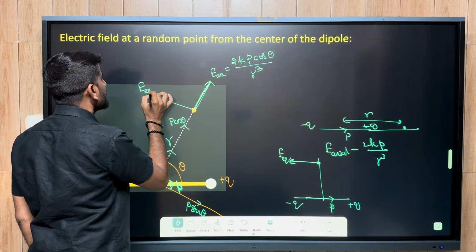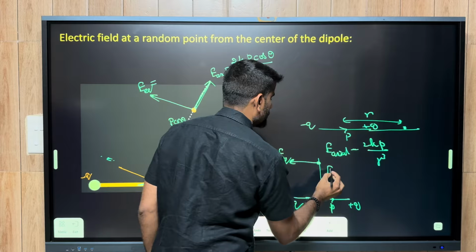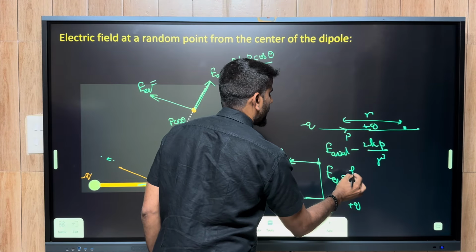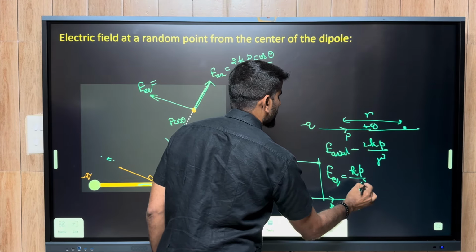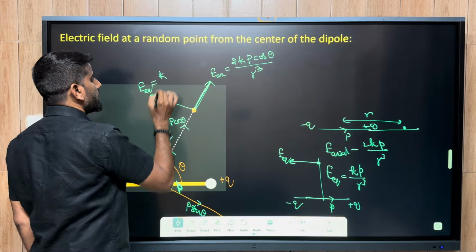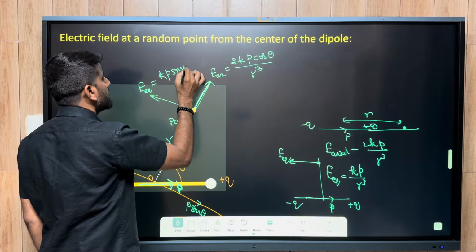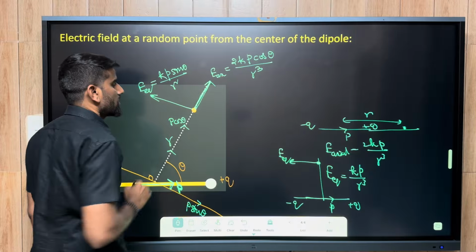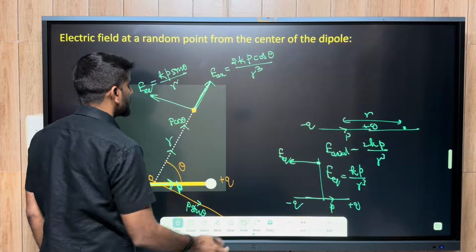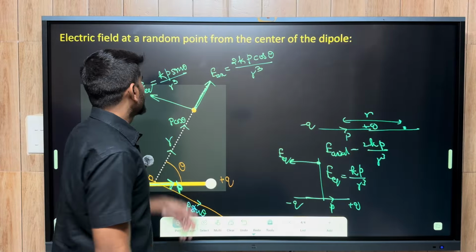Now, E equatorial is equal to, what is E equatorial? kp by R cube, after the approximation. Here P is nothing but P sin theta, so I am going to take k P sin theta upon R cube.